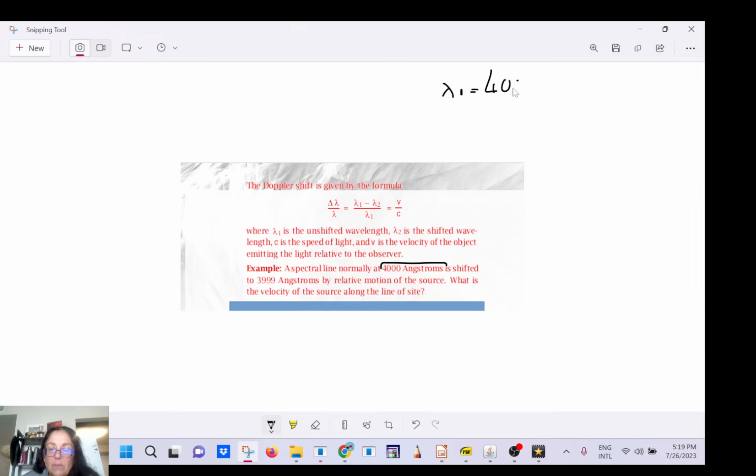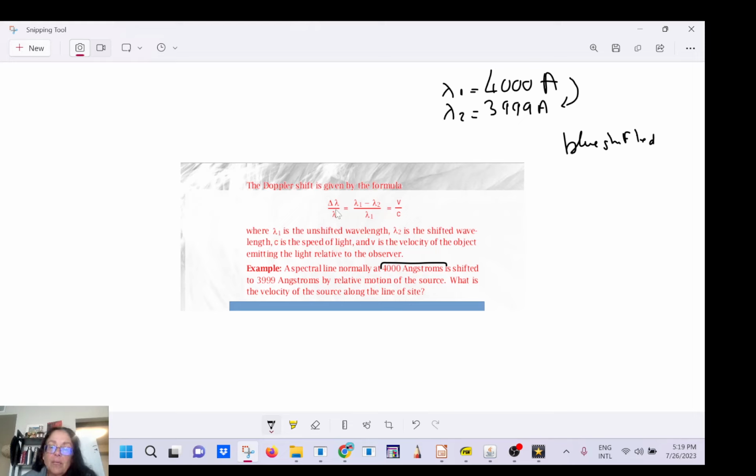So it's 4,000 angstrom, and it's observed to be 3,999 angstrom. So it's being shifted, right? It's smaller, so that means it's blue shifted. So it's moving toward us, right?